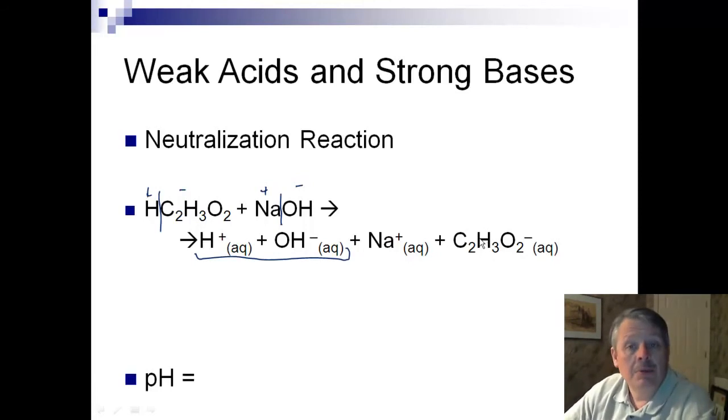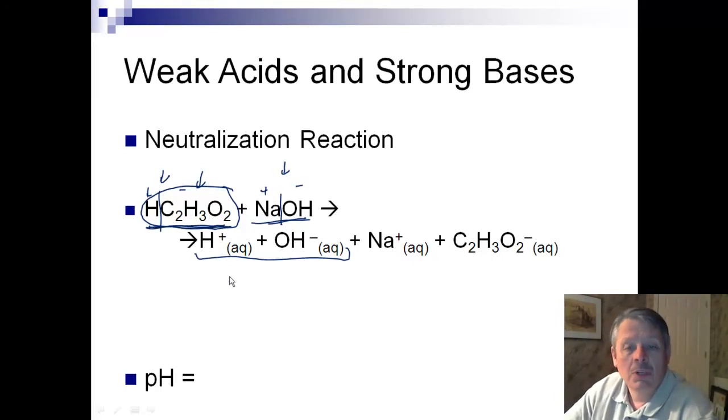That does happen to some extent. But remember that the acetate ion is very happy with the hydrogen and will stay together as a compound because, remember, it is a weak acid, it does not completely dissociate. So if we put in equal amounts of acetic acid and sodium hydroxide, what's going to happen? Well, all of the sodium hydroxide is going to dissociate because it's a strong base. But very little of the acetic acid is going to dissociate.